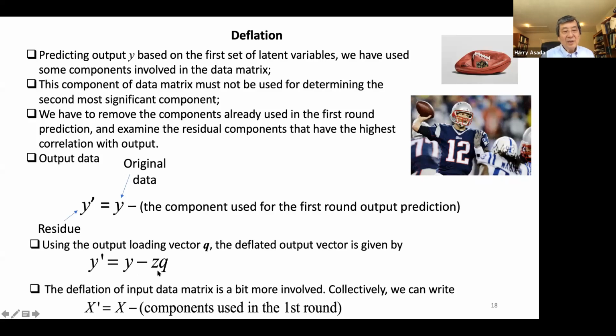So that times the Q is actually the part of the output Y that we predicted based on just the first set of latent variables and Z. So, we have used that. So we have actually successfully predicted part of Y in this direction. So we subtract this one from y, leaving just the residual here, y prime.